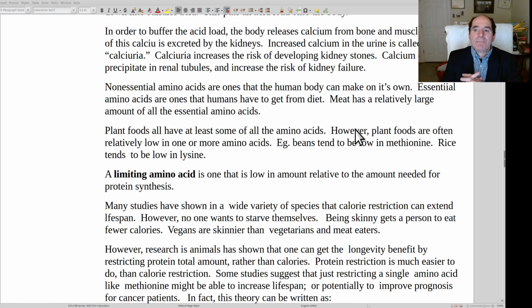So what I'm saying is it can be painful and difficult to restrict calories in a significant way, but it can be easy to restrict protein in a similar way, and it appears that you're probably going to get all the same benefits. Examples of protein restricted diets would be, in general, a vegan diet's about 80-10-10: 80% carbohydrate, 10% fat, 10% protein, which is pretty low in protein.